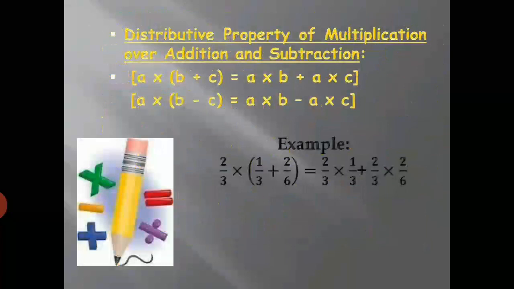So distributive property does not hold over multiplication and division. Example, 2 by 3 into 1 by 3 plus 2 by 6 is equal to 2 by 3 into 1 by 3 plus 2 by 3 into 2 by 6. When you solve both the sides, left hand side as well as the right hand side, the answer will be same.